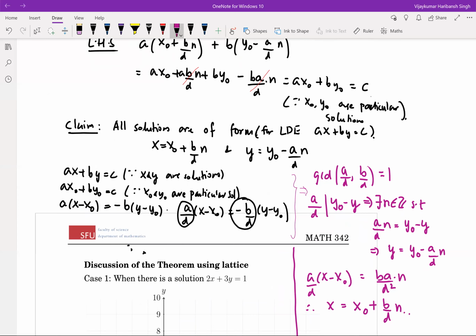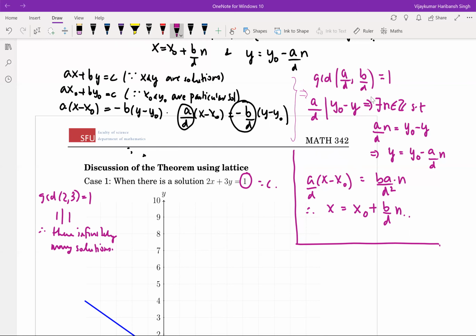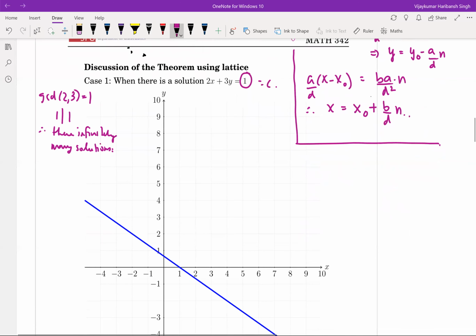Now, let's try to see geometrically, how does it look? What is the story? So here the GCD of 2 and 3 is 1, and 1 divides 1, which is your c. Your c is 1. Therefore, there are infinitely many solutions. So let's take an example here.